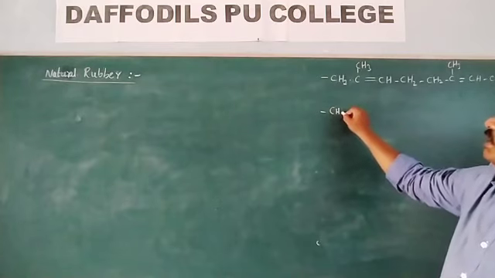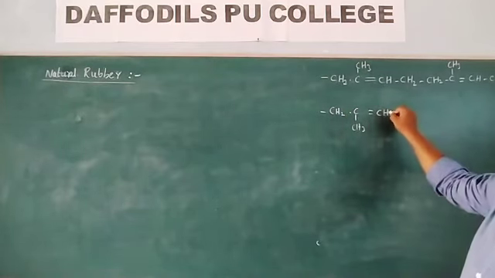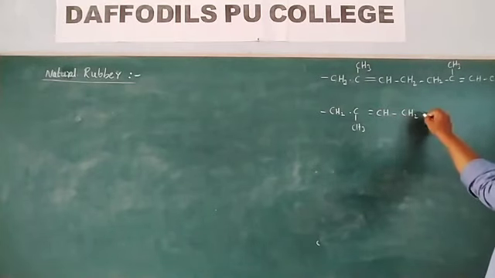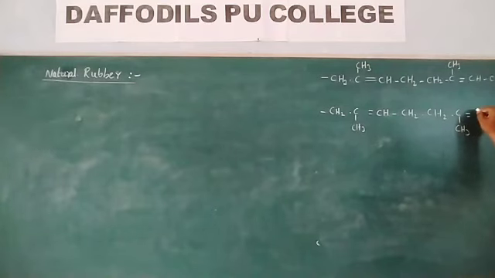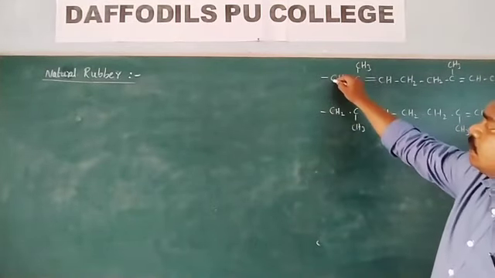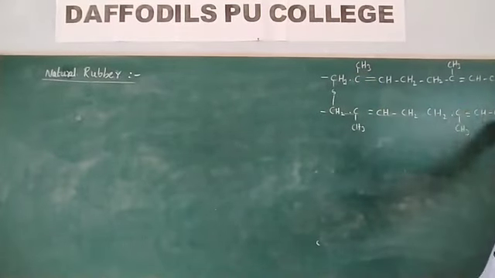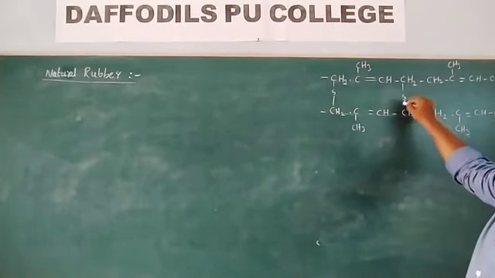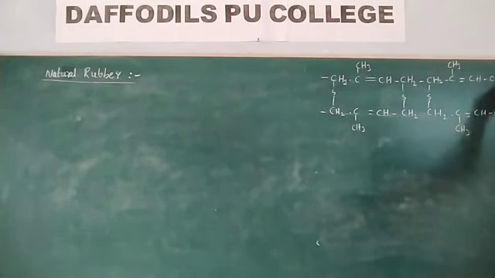Drawing another unit: CH2, C, CH3, double bond, CH, CH2, CH2, CH3. This is the allyl carbon. The allyl carbons of two rubber chains are connected by disulfide bondings. So like this.